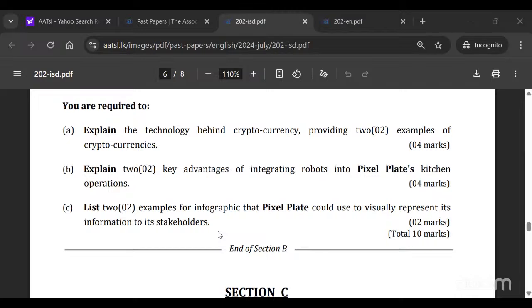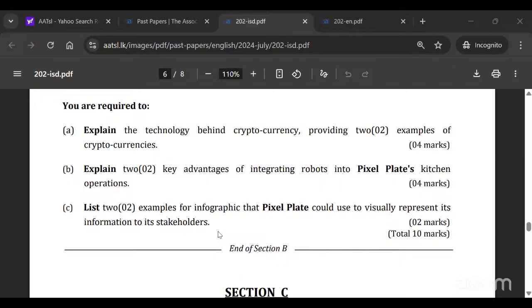The automation of these tasks also minimizes the risk of injuries from repetitive motions or accidents in the kitchen. High efficiency, cost saving, and safety, everything we can.